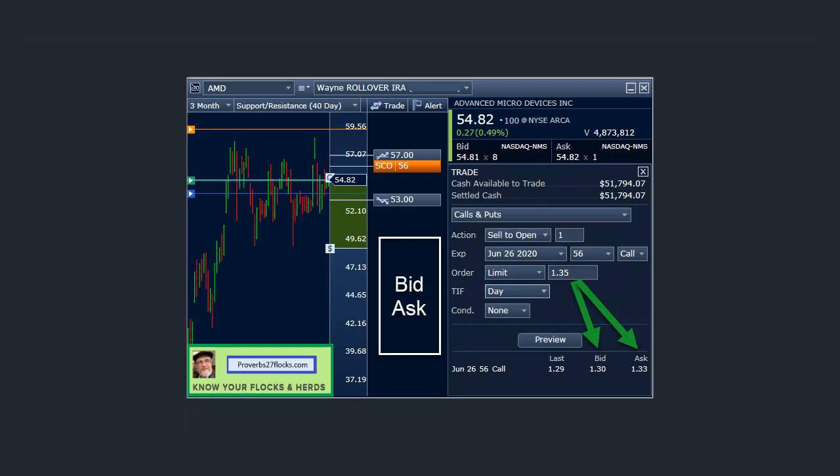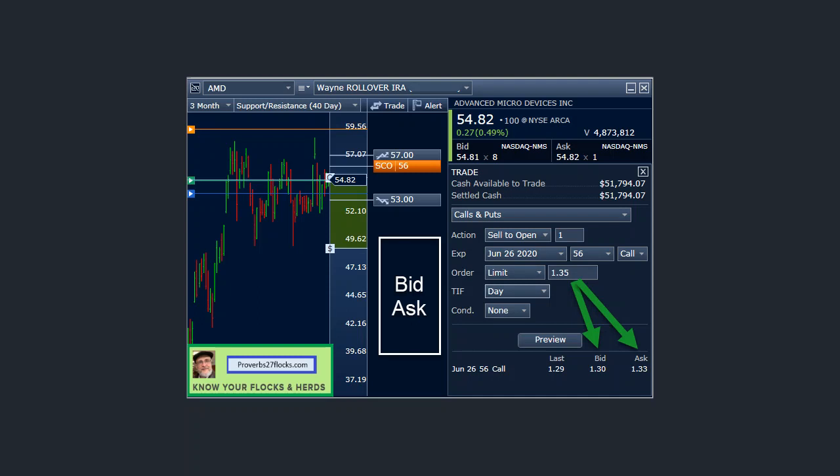Now, the first thing that I do when I'm looking to sell a covered call is I want to understand what the current market is for my shares. And in this particular example, I was selling one covered call, which is 100 shares, which would expire on June 26th, and I was setting a price of $56.